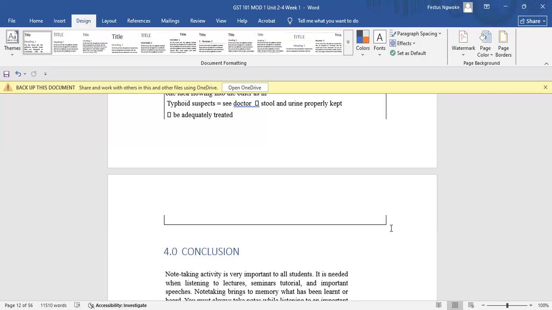I wanted to also ask, if we are reading from our reading materials, do we have to start reading from unit 2, or from the beginning of the unit to the end, or how do we go about the reading from our materials? What you do is that now we have done module 1, unit 2 to 4. Then you already know that the next class we will definitely be talking about unit 5 and then module 2.